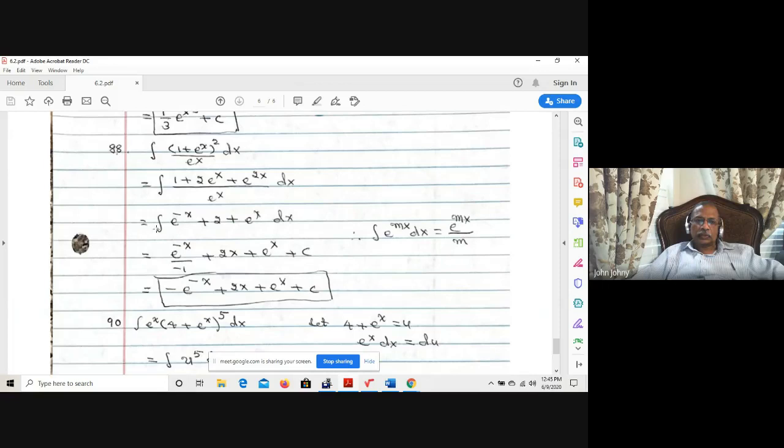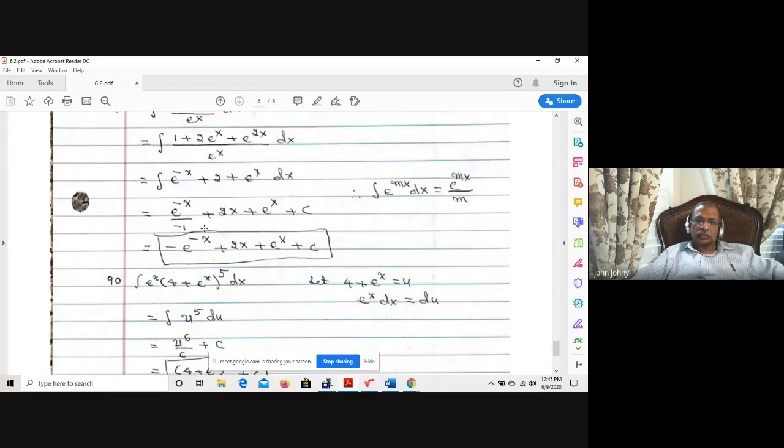And so you are distributing that e to the x. 1 over e to the x is the same as e to the negative x. Second term, e to the x cancels. So that's a plus 2. Third term, e to the 2x divided by e to the x is e to the 2x minus x, which is e to the 1x.